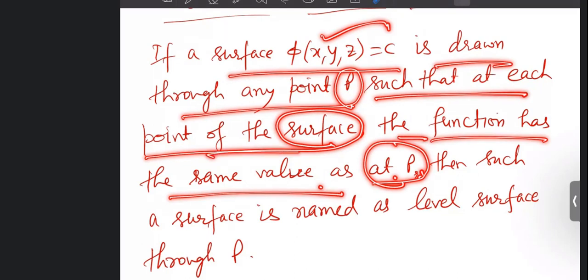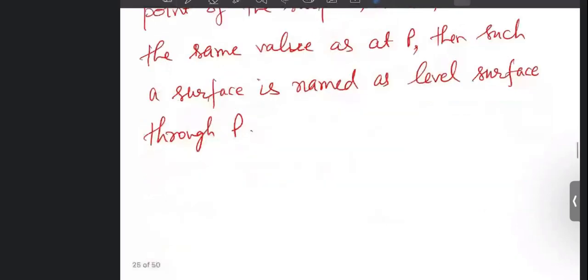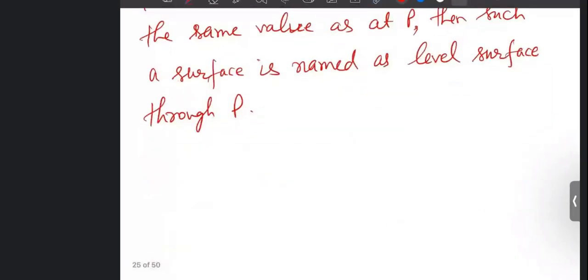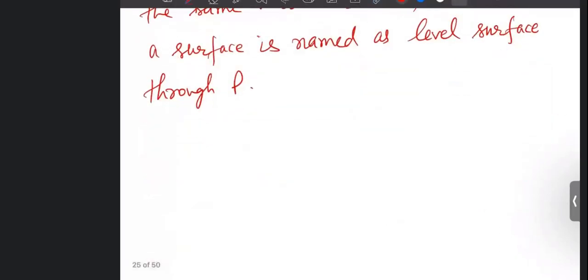Then such a surface is named a level surface. Let us consider the surface phi equal to c, where we have a point P.